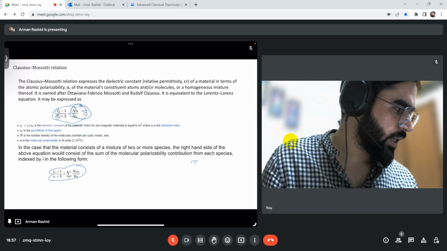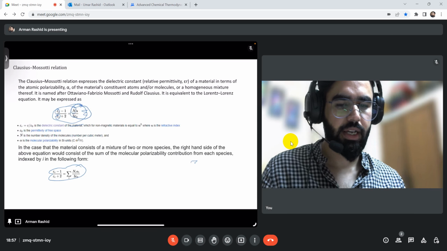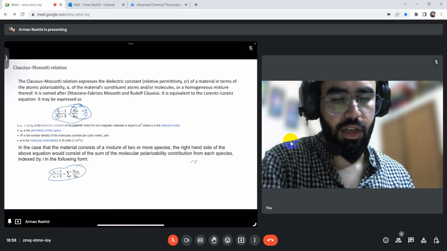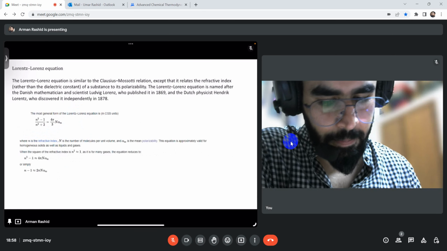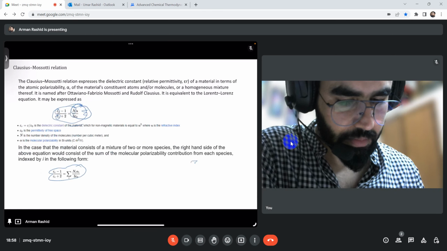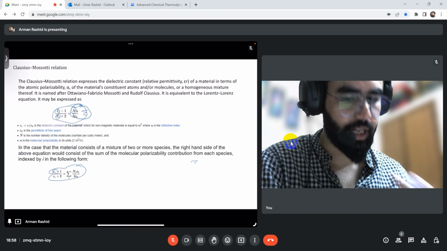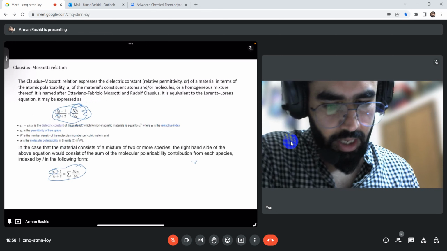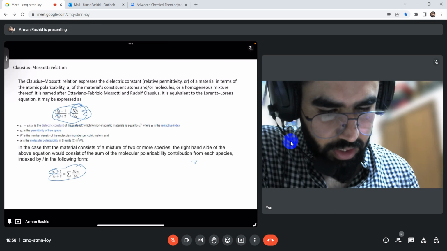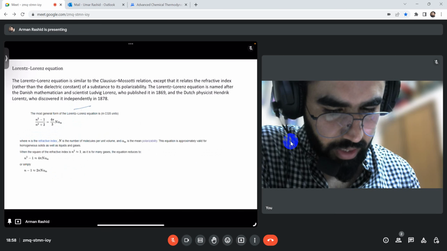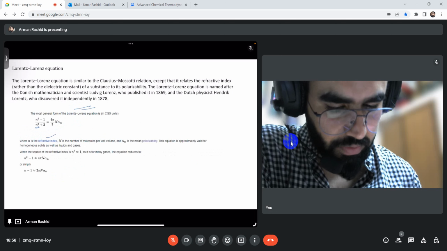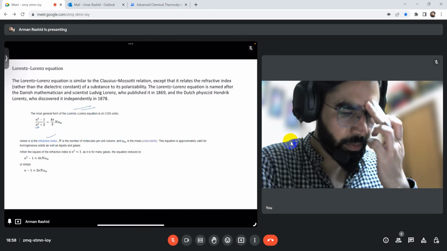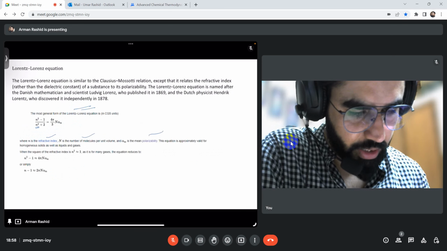Now similar to it, there is another equation called the Lorentz equation. It is similar to the Clausius-Mossotti equation, and it relates the refractive index rather than the permittivity. So the Lorentz equation in CGS units is given by n square minus 1, where n is the refractive index, equal to 4 pi N alpha m, where N is the number of molecules per unit volume and alpha is the mean polarizability.